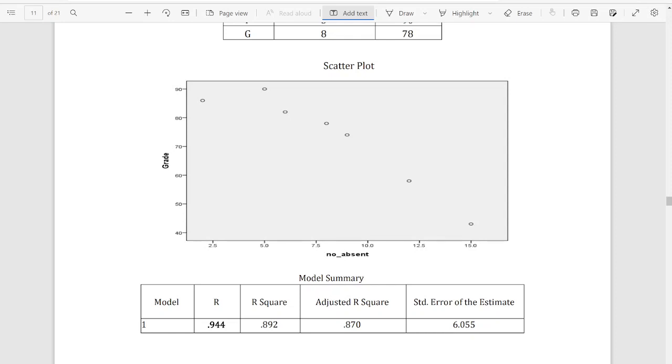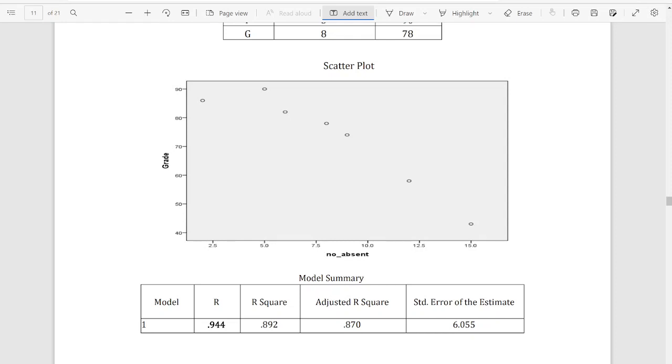And the R squared is 0.892. So that means in this situation, 89.2% of the variation in test score can be explained by the number of absenteeism.